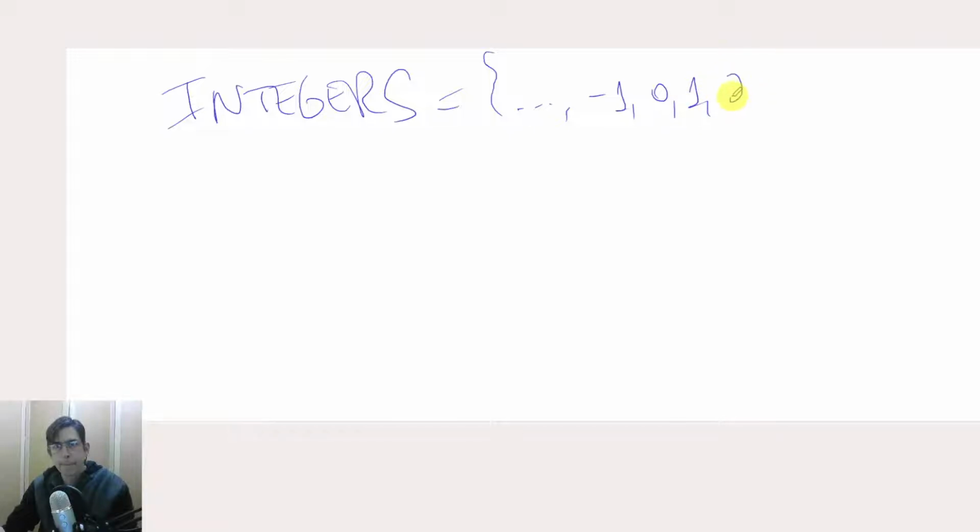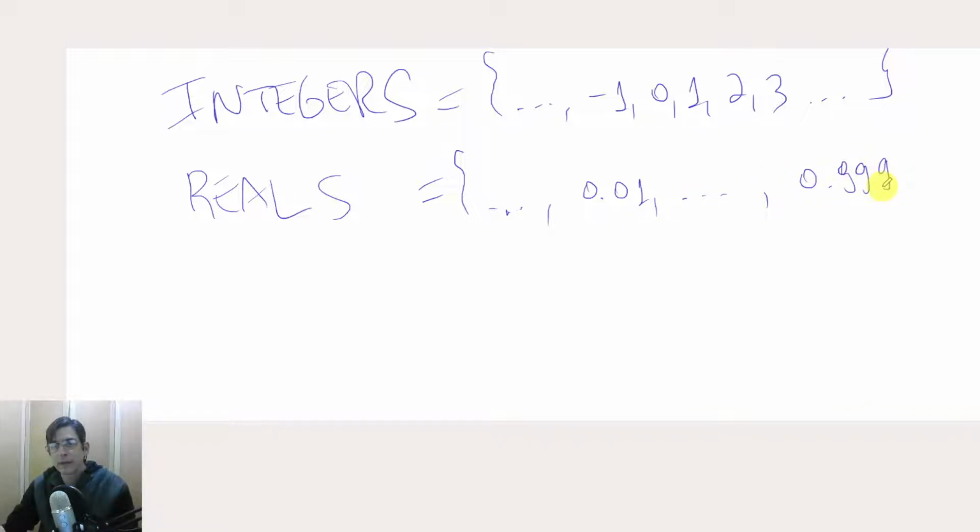So it makes sense to have a set called integers, which contain all the integer numbers. Integer numbers is actually an infinite set. Or I could have this set of real numbers, which contain 0.01, 0.9999, and so on.